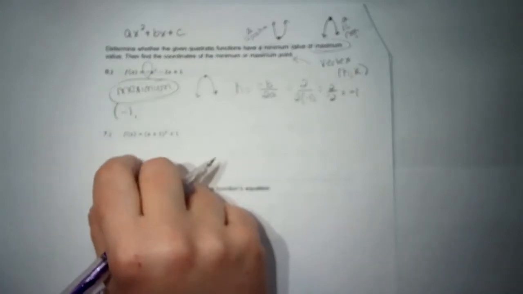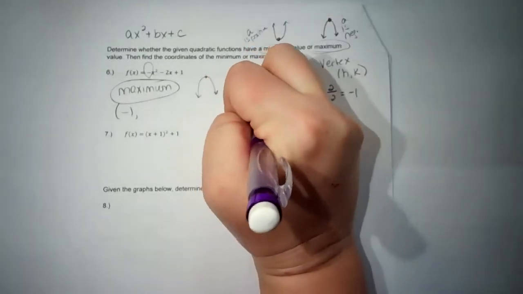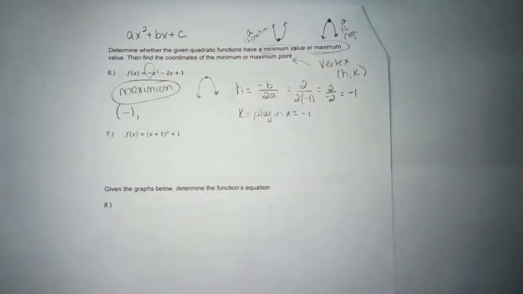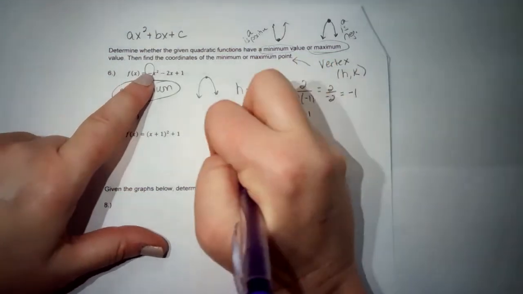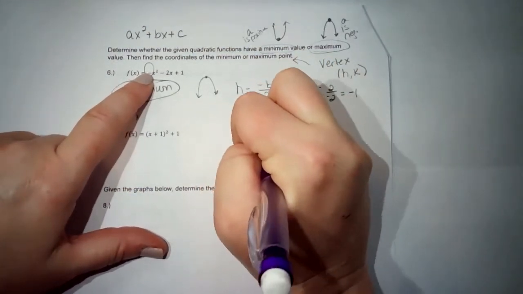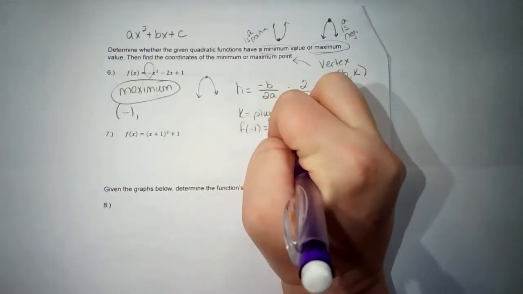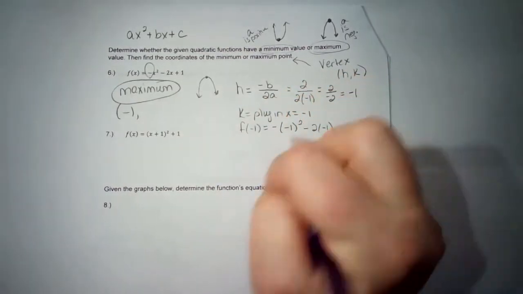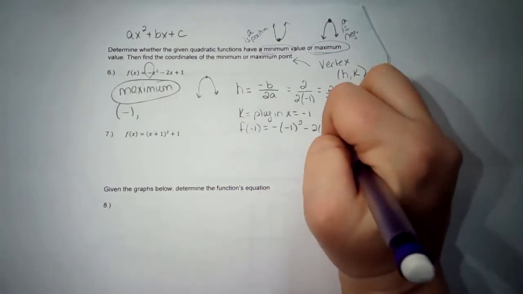Now to find K, I'm going to take my -1 and I'm going to plug in X equals -1 into that original equation. That's how I'm going to find K. Now that you have found your H with your little formula, you're going to have to plug that in. So here I go. I'm going to find F of -1. It's going to be a negative times (-1) squared minus 2 times (-1) plus 1.